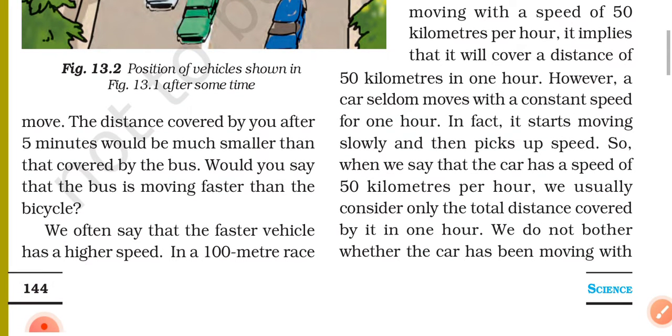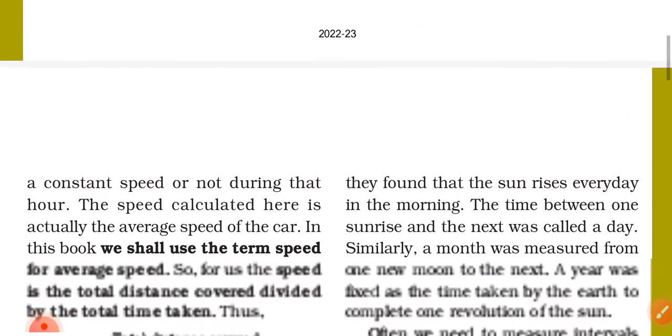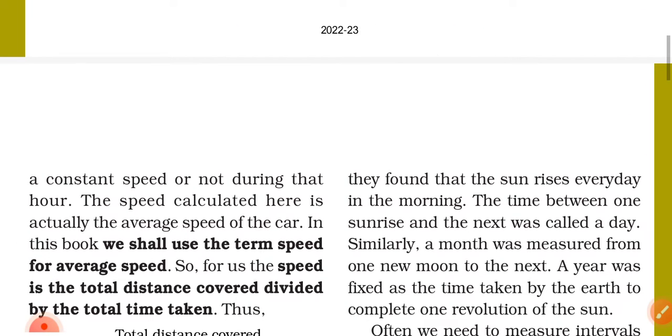However, a car seldom moves with a constant speed for 1 hour. In fact, it starts moving slowly and then picks up speed. So, when we say that the car has a speed of 50 km per hour, we usually consider only the total distance covered by it in 1 hour. We do not bother whether the car has been moving with a constant speed or not during that hour.